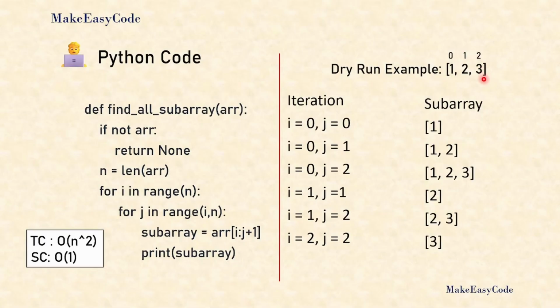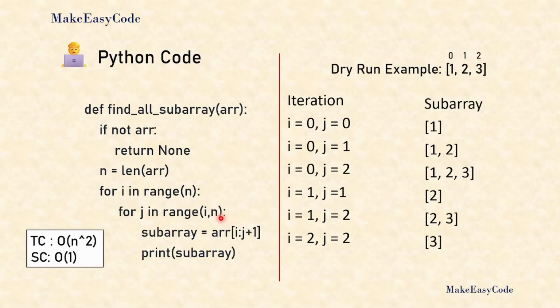Okay, and inside that loop, we are writing another loop that is for j in range of i comma n. This picks the ending point of the subarray. The trick here is we start j from the current i, not from 0. Why?